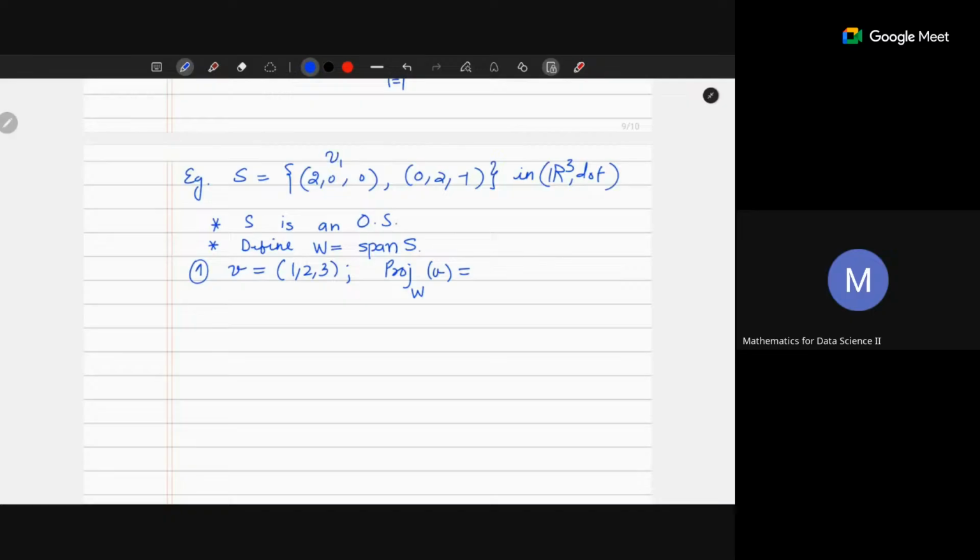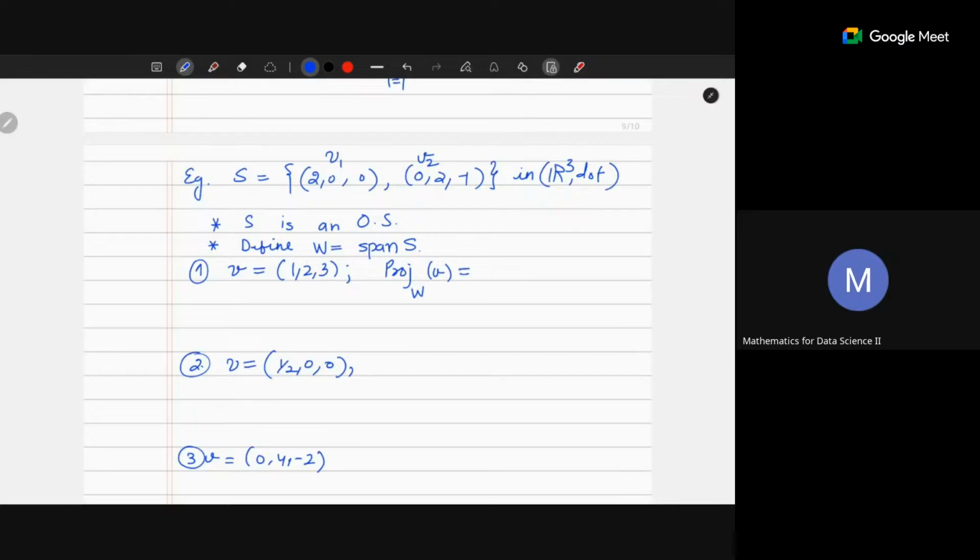Now what is the projection of V with respect to W? Let me also use the notation V1, V2. The second vector is (1/2, 0, 0). The third vector is (0, 0, 1).